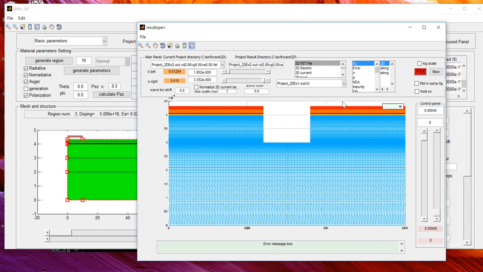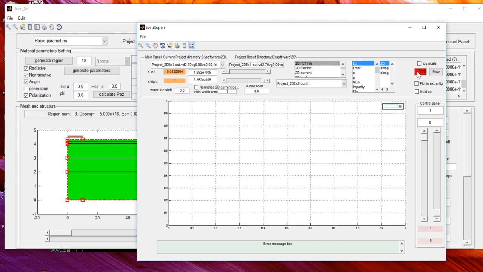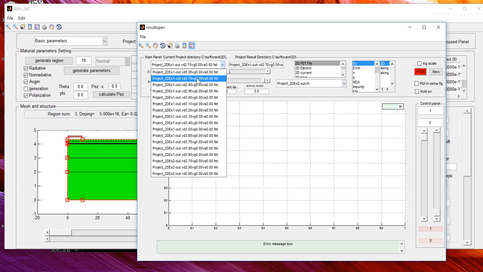Why? Because we only increased one layer, so the missing point just says there's no point. But if you use ES2 and I plot ES1, you cannot plot, because you have more points in the mesh file but fewer data points in the structure file.